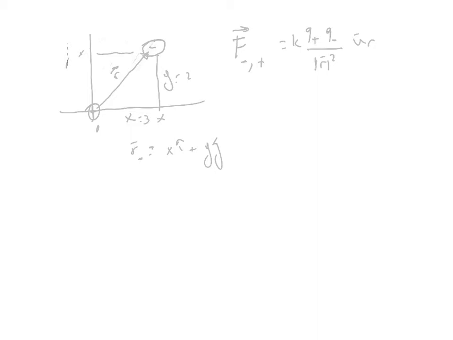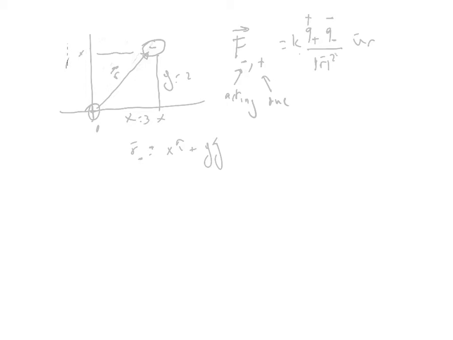Coulomb's law says that the force acting on the negative charge, due to the positive charge, is k, the value of q positive, this will be positive, the value of q negative, this will be negative, divided by, so the product will be negative, of course, the distance squared.